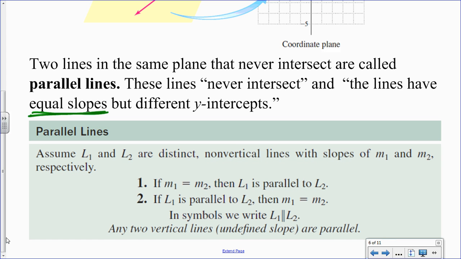In symbols, parallel is this double line here. So you maybe remember that from geometry. That's the symbol for parallel. And then any two vertical lines are parallel. Same thing with horizontal. Any two horizontal lines are parallel.